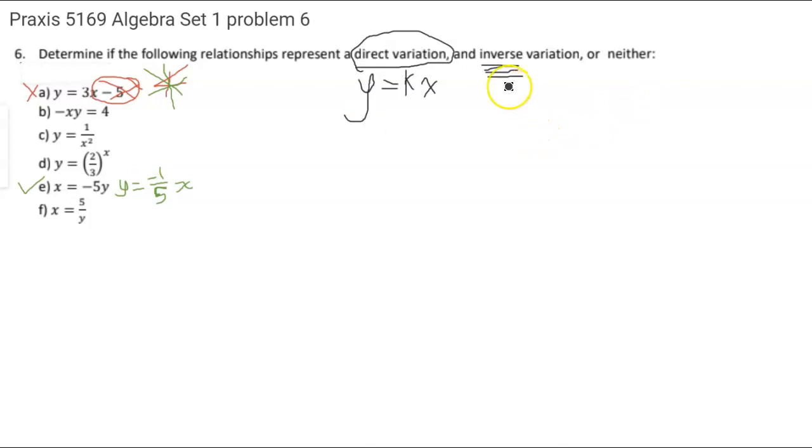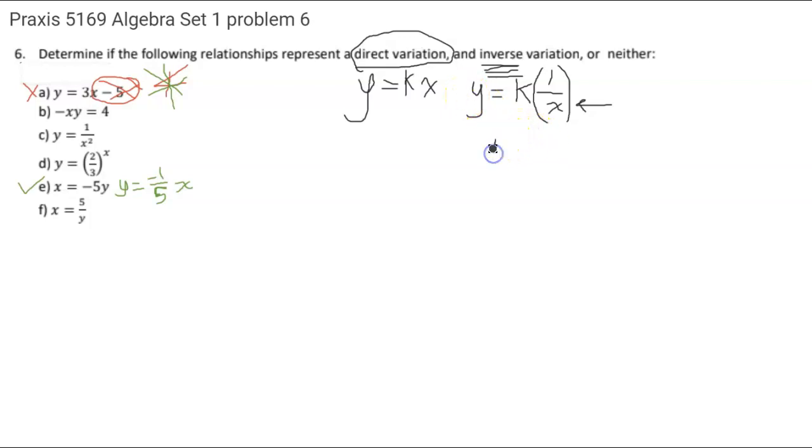So an inverse relationship looks like y equals, there's still some constant, but now it's not x, it's 1 over x. So we're taking that k and multiplying it by the 1 over x. In other words, as x grows large, 1 over x is a fraction. As the bottom of a fraction increases, the total fraction decreases. So as x grows large, y grows small.